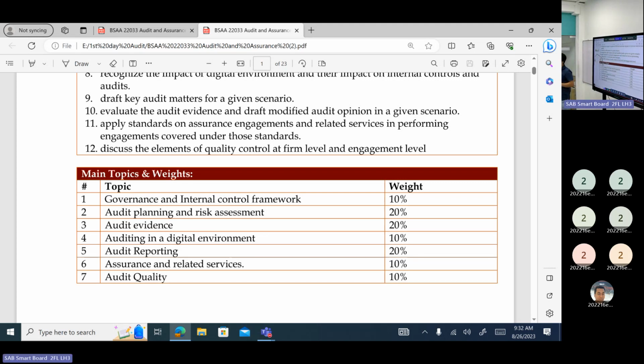Once you are doing audit training, you may have assurance services and non-assurance services.